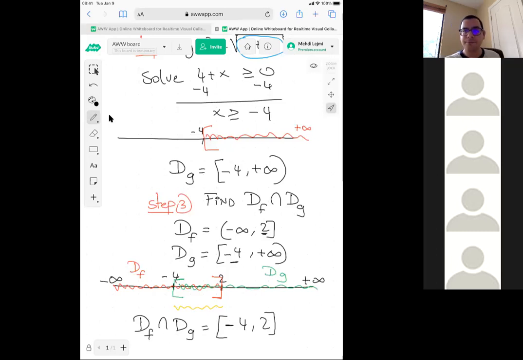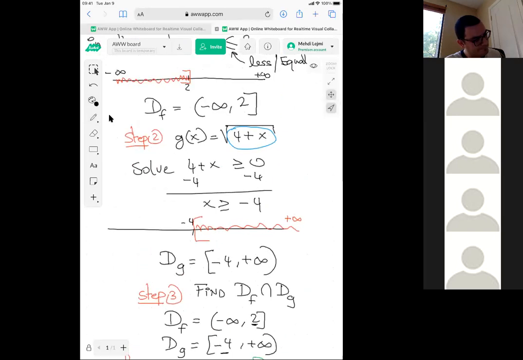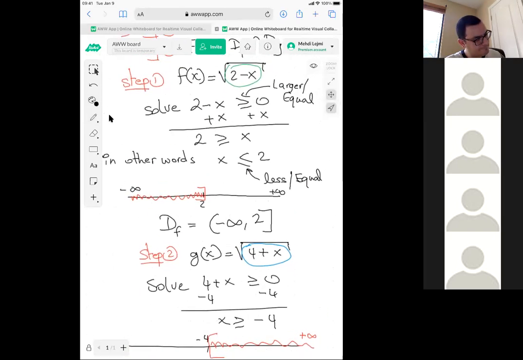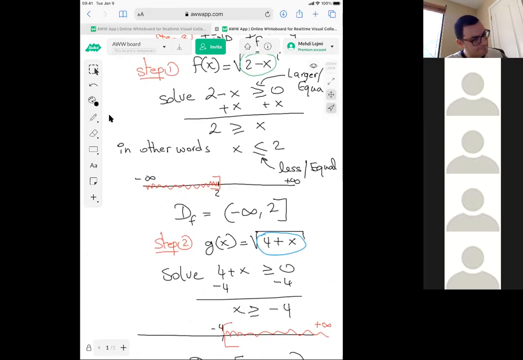I have a question though. Yes. For the first one, the domain of f, why did you change to less than or equal to? Less, because you see here, I started with 2 minus x larger than 0.